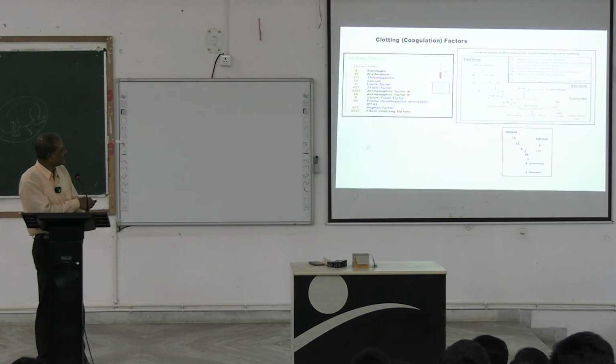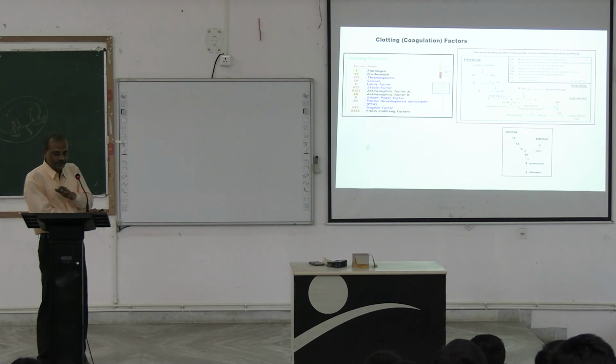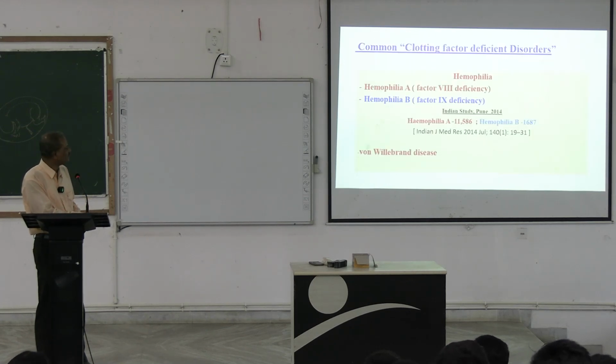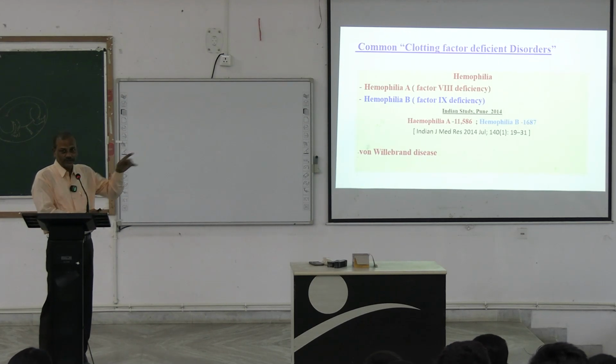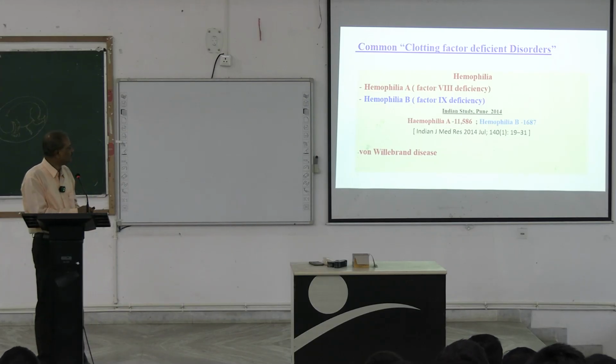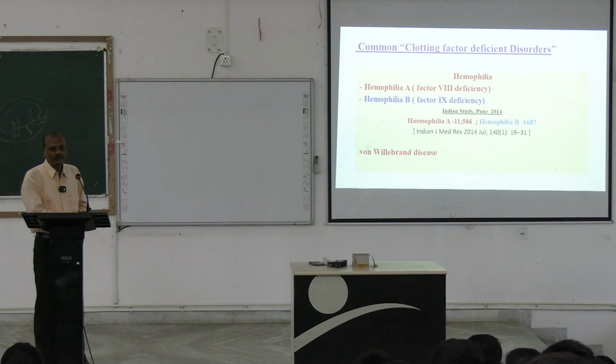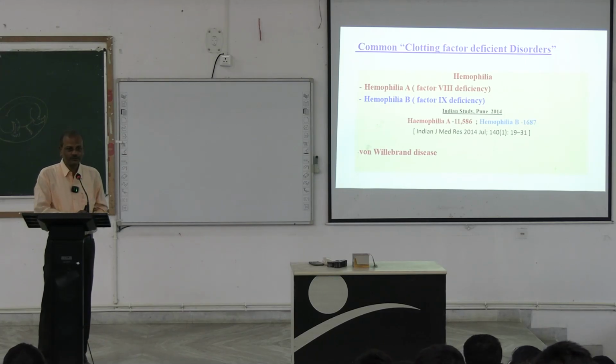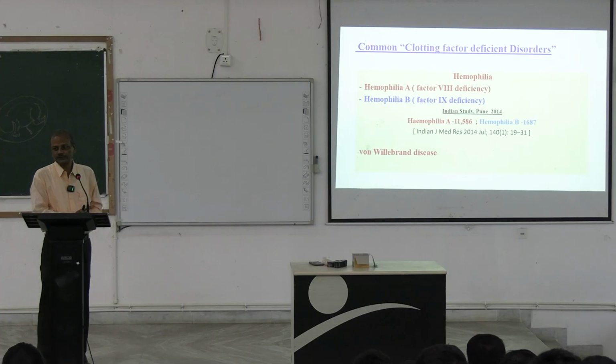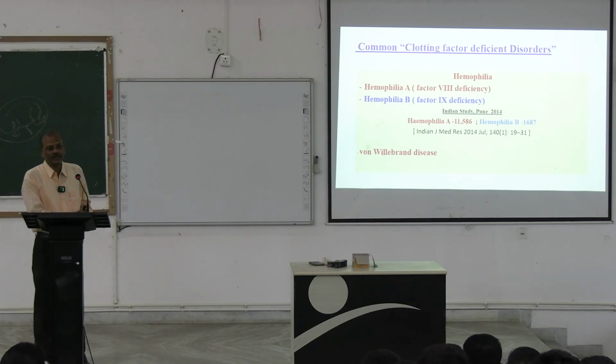So, there is a cascade of events of clotting. How these 13 factors perform, you will be told again in detail in the physiology class. So, for common clotting disorders, note down hemophilia A and hemophilia B. Hemophilia A is more common than hemophilia B. Hemophilia A is due to factor 8 deficiency and hemophilia B is due to factor 9 deficiency.